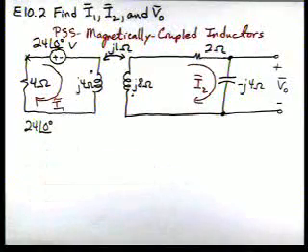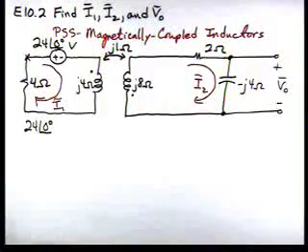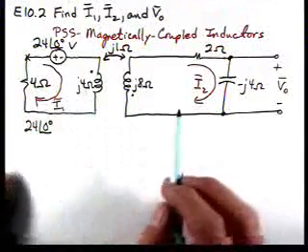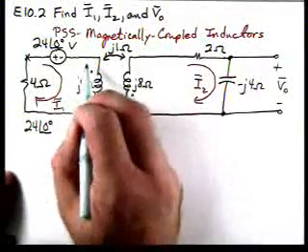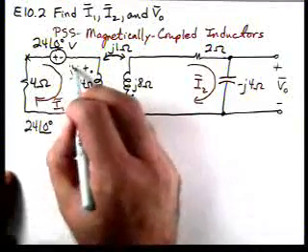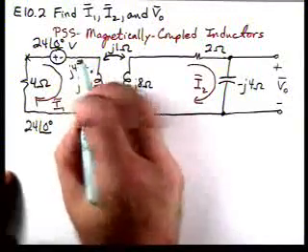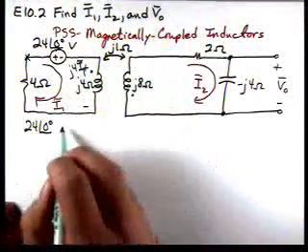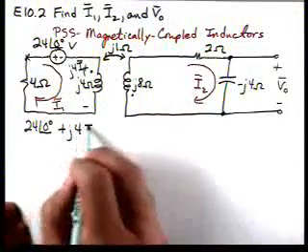Now we'll have two voltage terms for the inductor, one due to current I1 and another due to current I2. The one due to current I1 is J4I1, so we'll have a term J4I1.